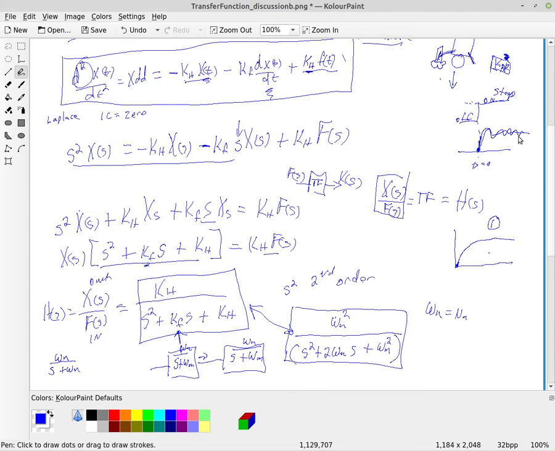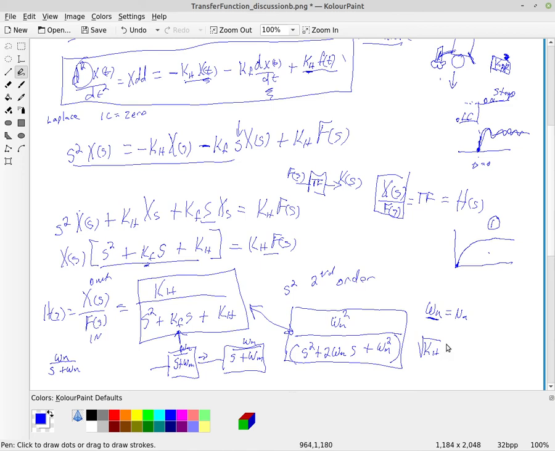This is the natural frequency at which it's going to oscillate. If you do have oscillations, this would be the frequency you would oscillate at if you had no friction in the system. So if k_F, your friction piece, was 0, then we would oscillate at the square root of k_H. Because k_H, the Hooke's law coefficient of the bungee cord, is equal to omega_n squared, the square of the natural frequency.